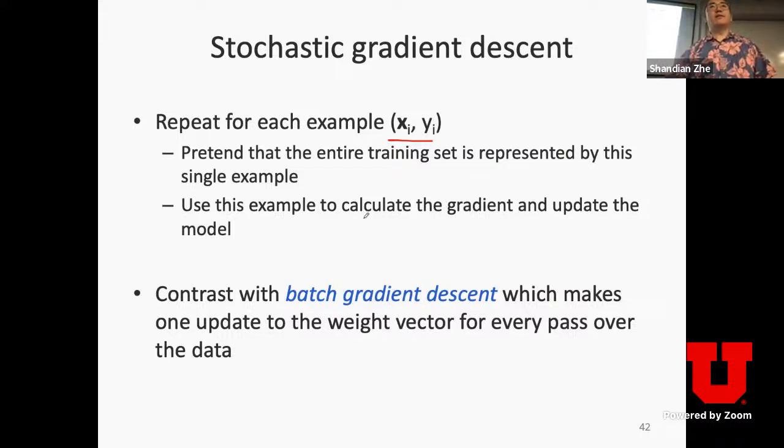Is this approximation worth the quick updates? The answer is yes. In many cases, using stochastic gradient descent is way better than using gradient descent, not only because it updates your model more frequently, but also because it can converge more quickly. We'll get to some theoretical conclusions later.